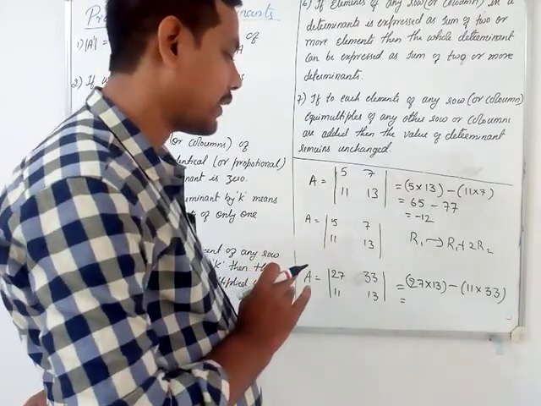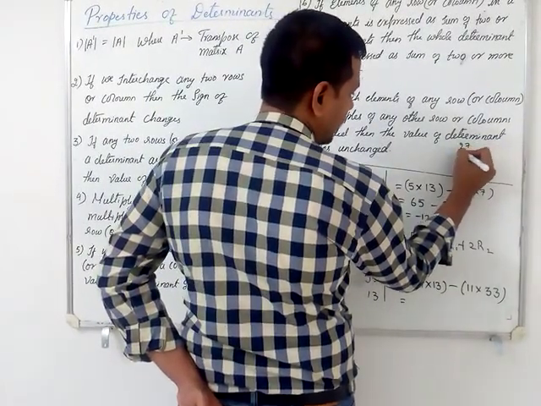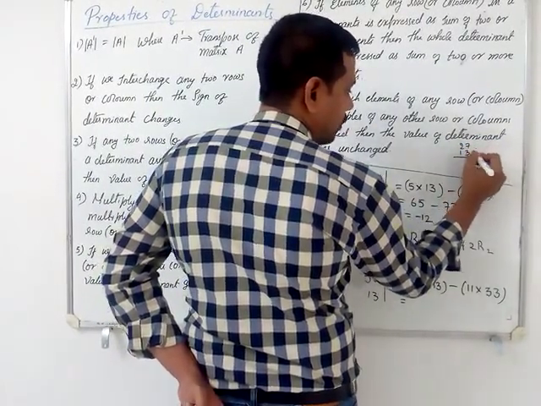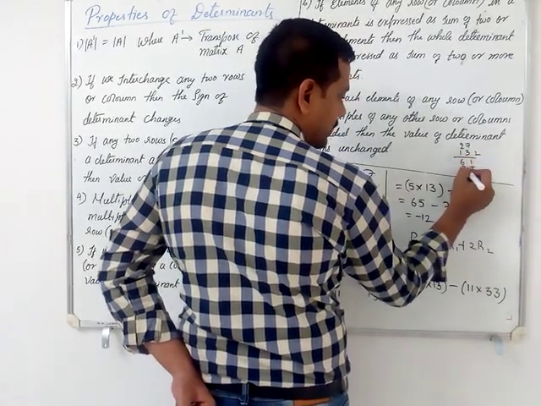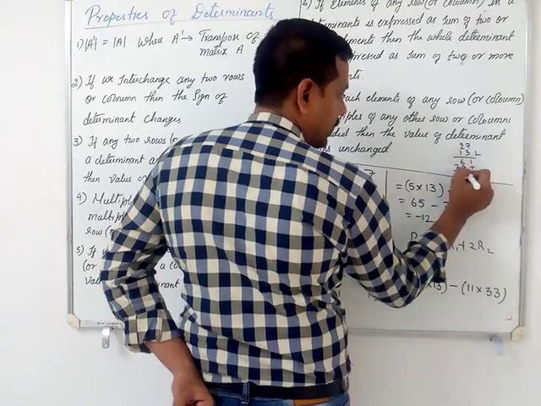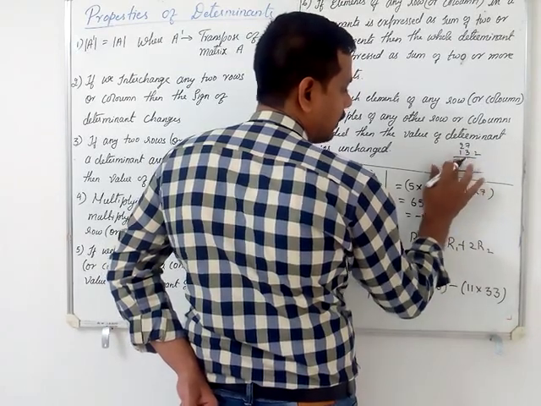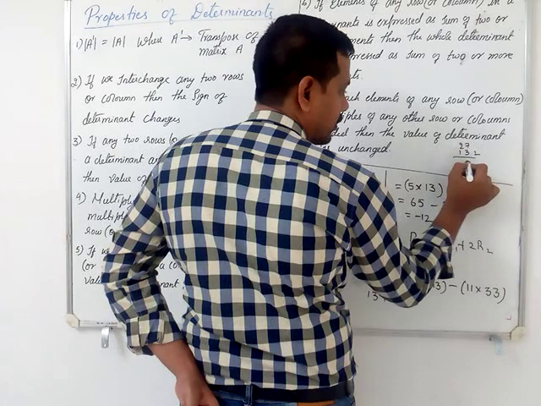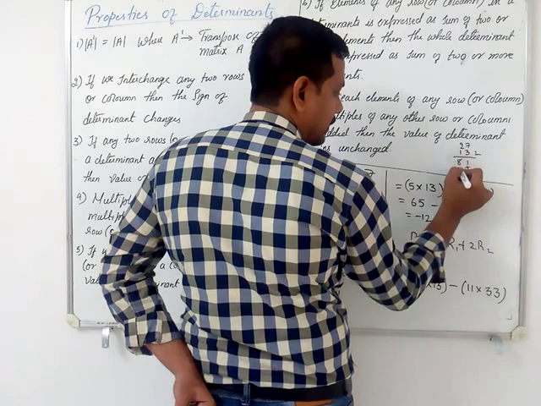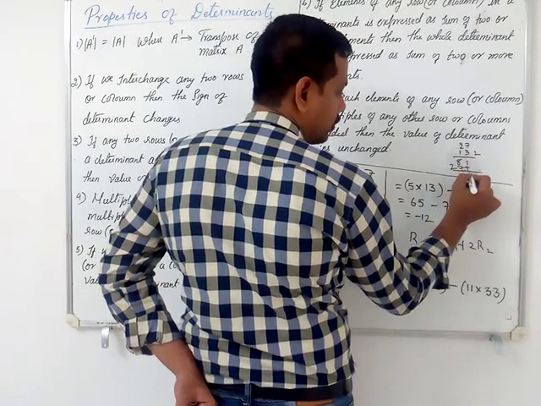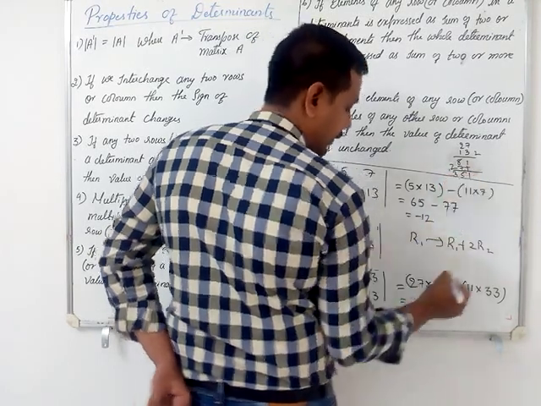So 270 plus 81, or if you have a problem, calculate it directly: 3 into 7 is 21, 3 into 2 is 6 plus 2, 8, and 2 into 7 is 14, 2 into 2 is 4 plus 1, 5, so it is 351.